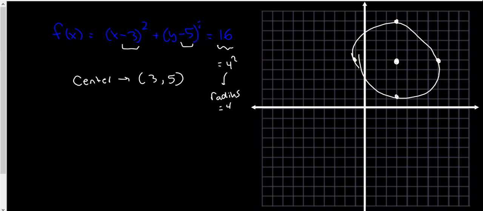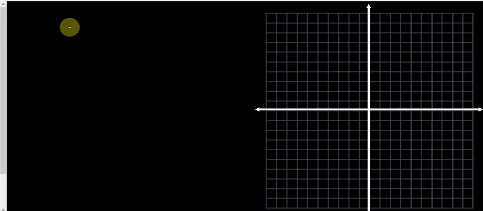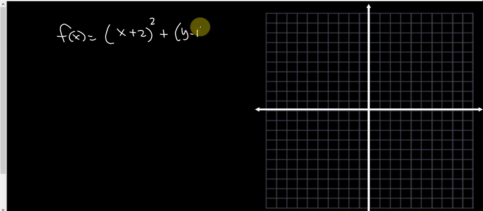Okay. One more example, maybe? One last example. So let's give you a function of a circle. Let's say it is (x + 2) squared + (y - 1) squared is equal to 9. Let's see how many people are going to mess up what the center is and how many people remember and are going to get it right.